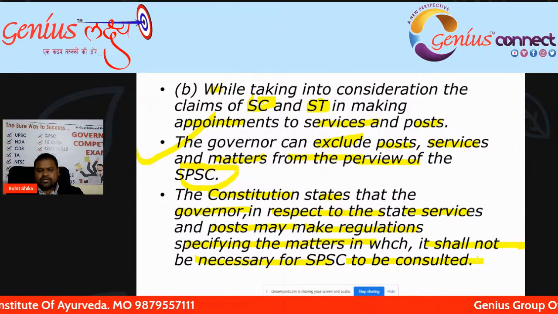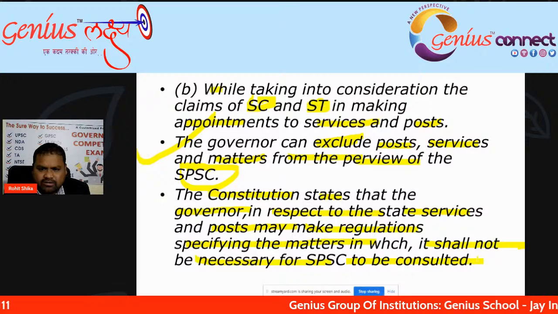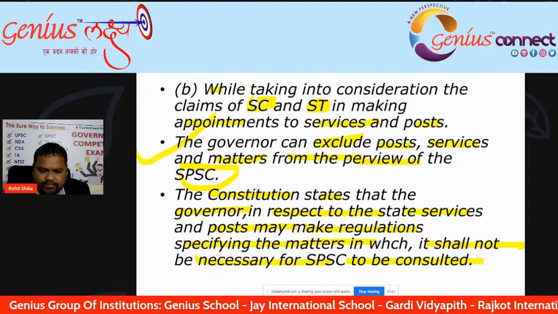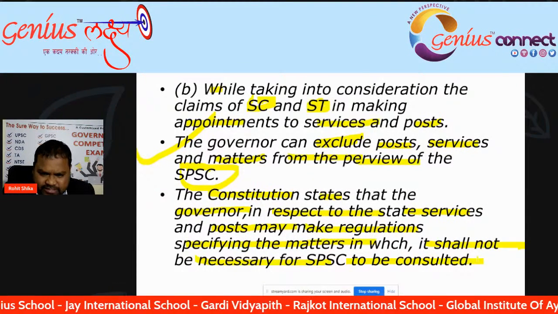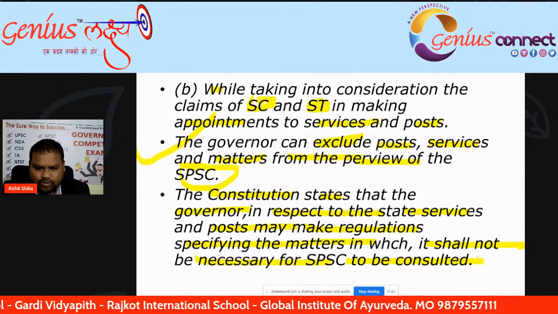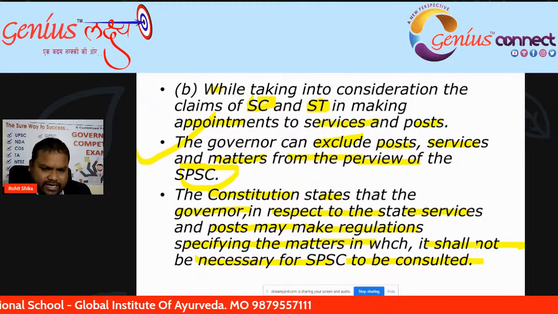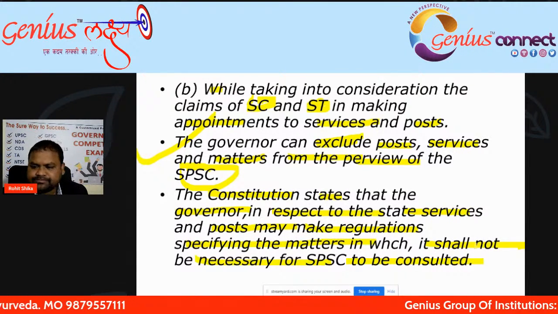Means, according to the Indian Constitution, the governor may not take advice, may not consult State Public Service Commission while making regulations on various matters. So again, it says that State Public Service Commission is weak.